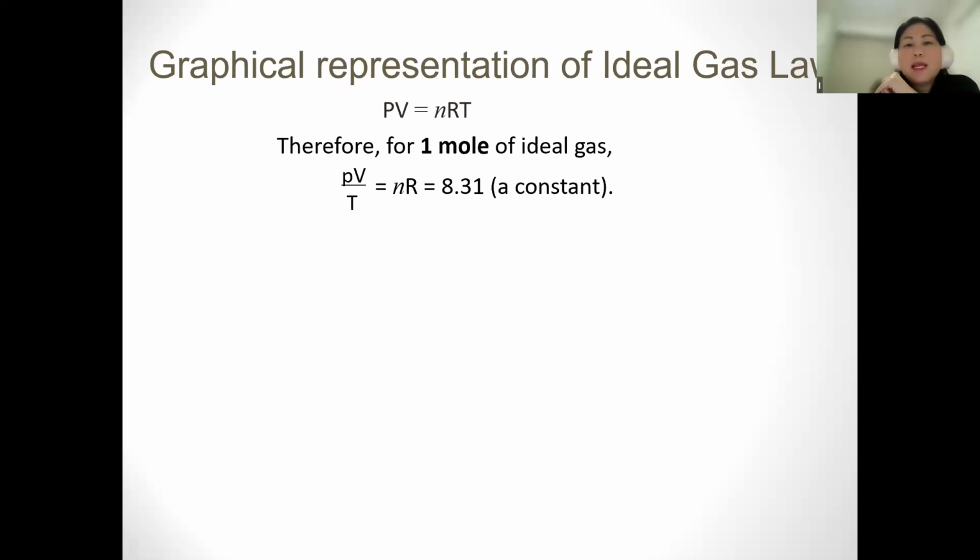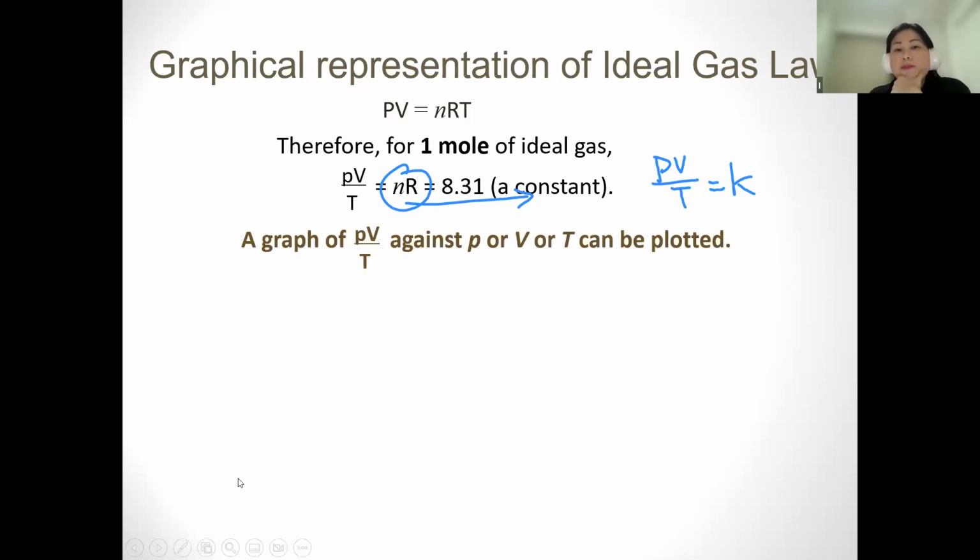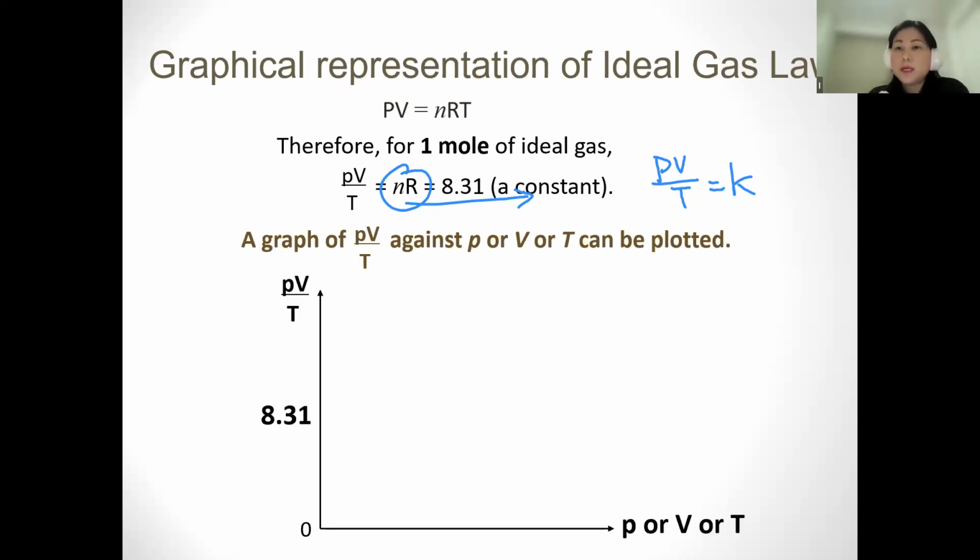So the value on this side is 1 times 8.31, and this is not going to change. So it's a constant. So I can say that PV over T equals K because it's constant. Therefore, if I plot a graph of PV over T versus anything, it will be a straight line.